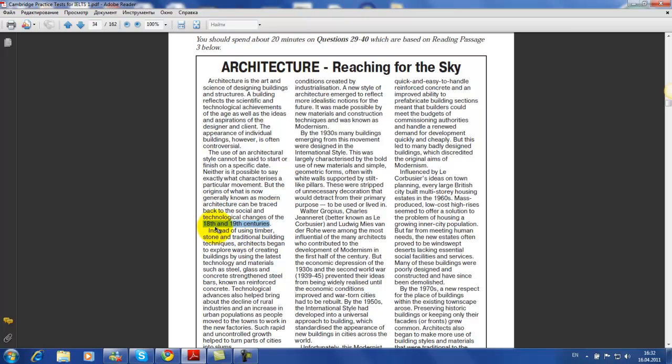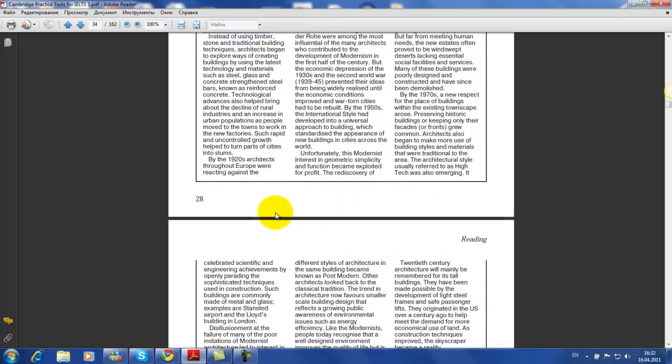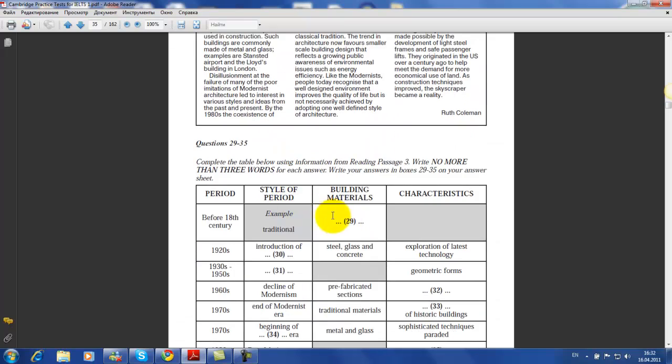So before 18th century, timber and stone were used as traditional building materials. So we come back to the table now, and the answer for this question is timber and stone.